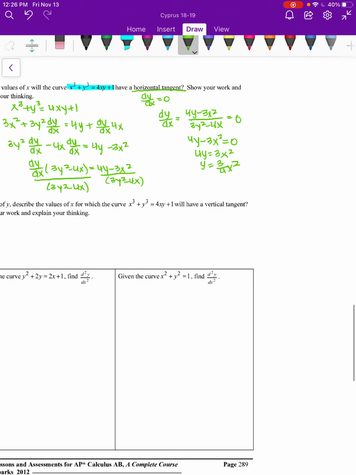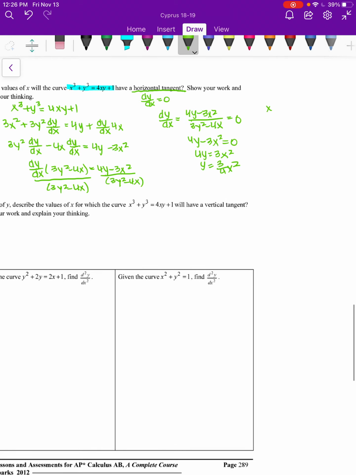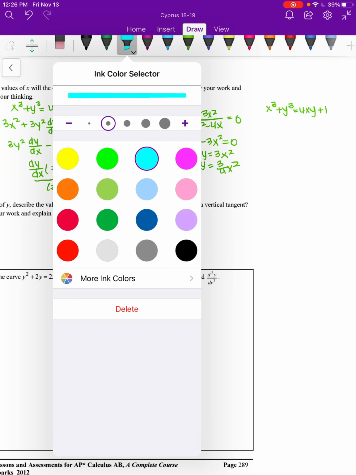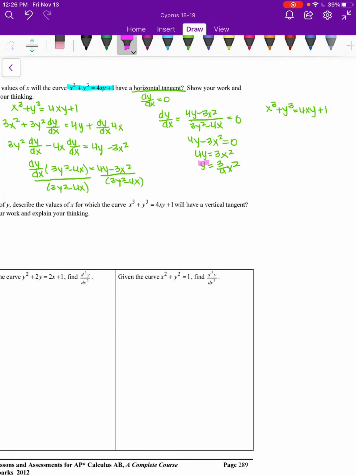Now we're going to take our answer that we just found, and we're going to use that original equation. So x cubed plus y cubed equals 4xy plus 1. And wherever I see y, I'm going to replace it with what we just found.